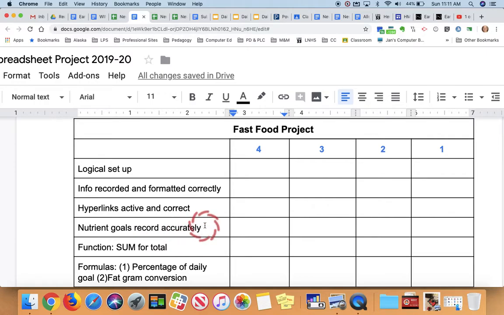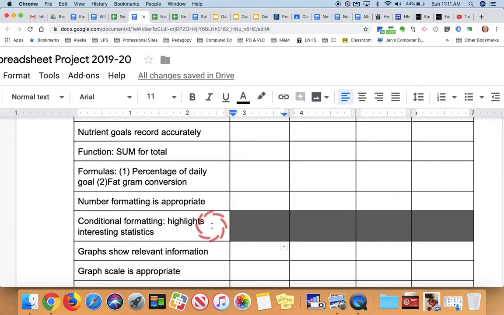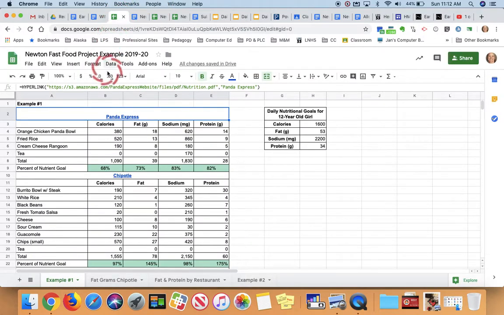Nutrient goals recorded accurately. Okay, we did this in class together. This is where I showed you the chart from the U.S. government that gave daily guidelines based on gender and age. So you should have on your spreadsheet daily nutritional goals for then your age and your gender.